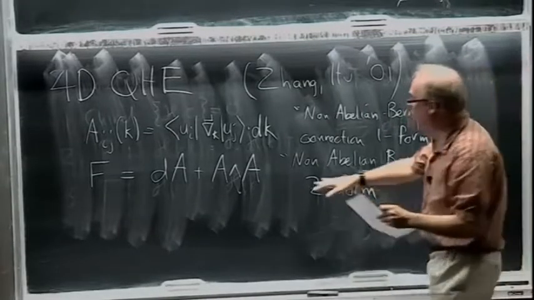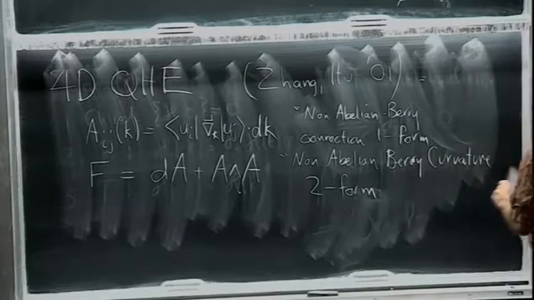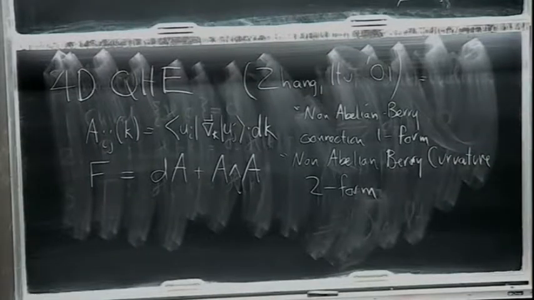Okay? And so from this, when you're in 4 dimensions, you can define a 4-dimensional version of the Berry flux, sort of.